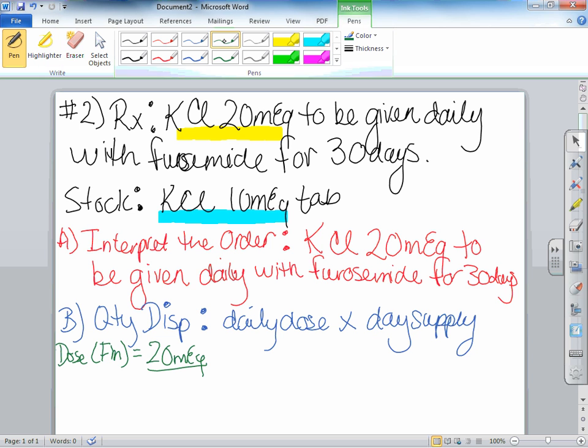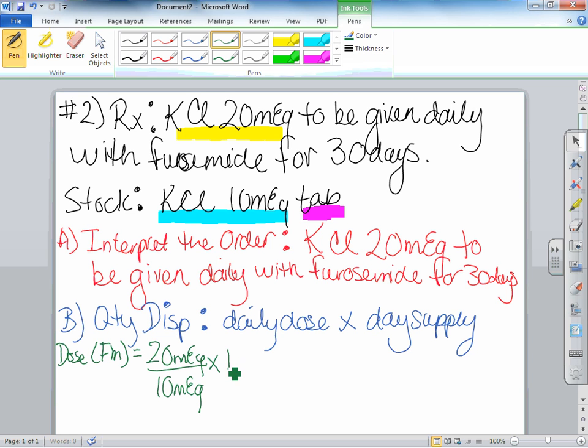And you're going to multiply that by the quantity of tablets or capsules associated with the stock medication. In this case, it's tablets. It's basically saying that for every one tablet is 10 milliequivalents.